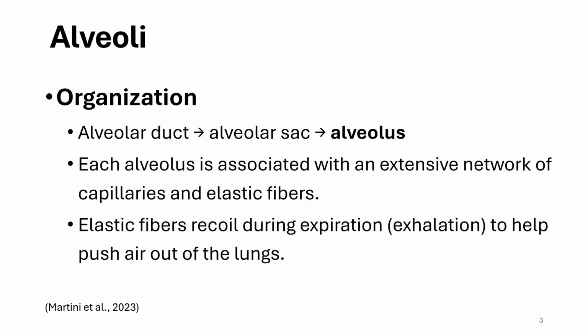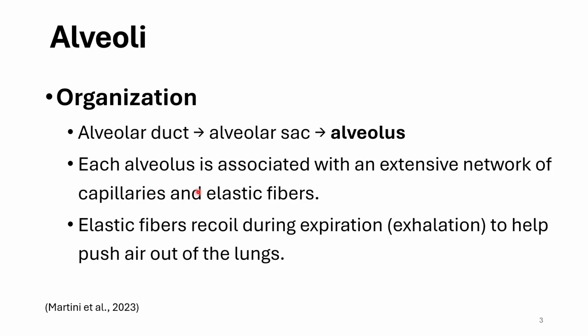First of all, we need to understand the organization of it. The single unit of the lung is the alveoli. The alveoli consist of the alveolar sac and alveolar duct. Alveoli is the plural form; a single alveolus.